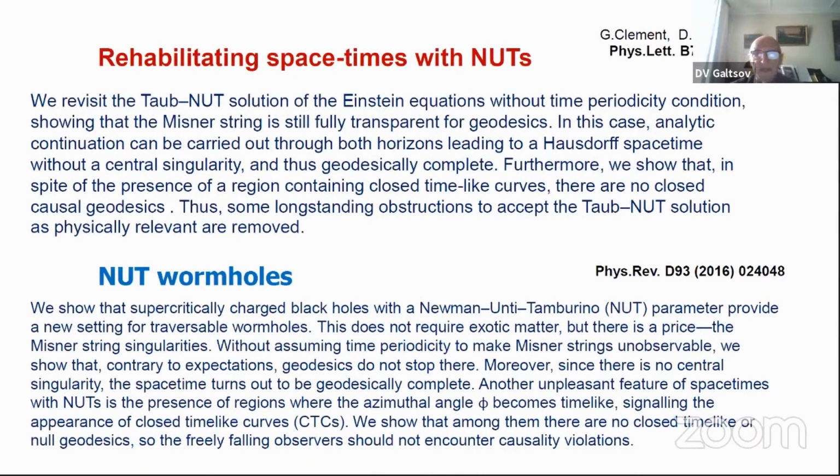So one of the main applications of what will be happening is spacetimes with magnetic mass, which produce defects on the polar axis known as Misner strings.